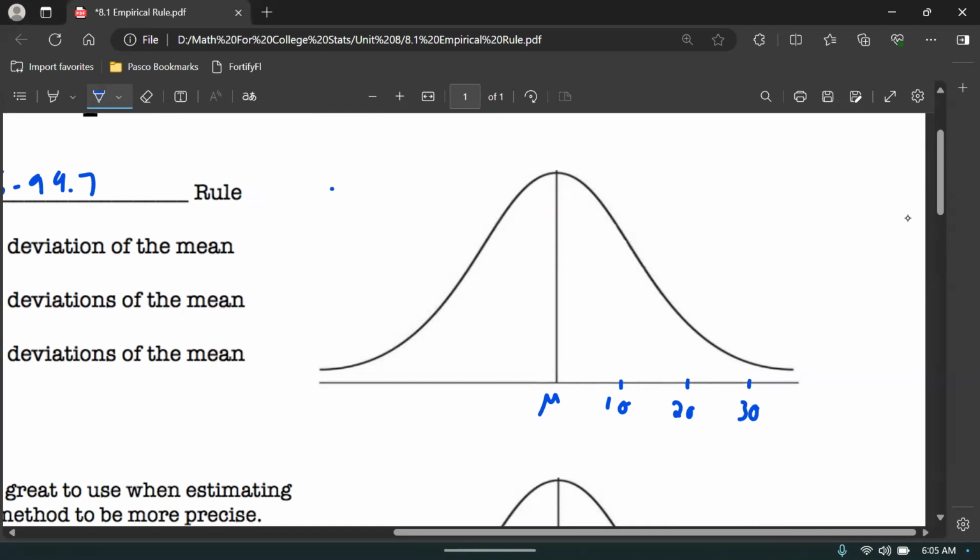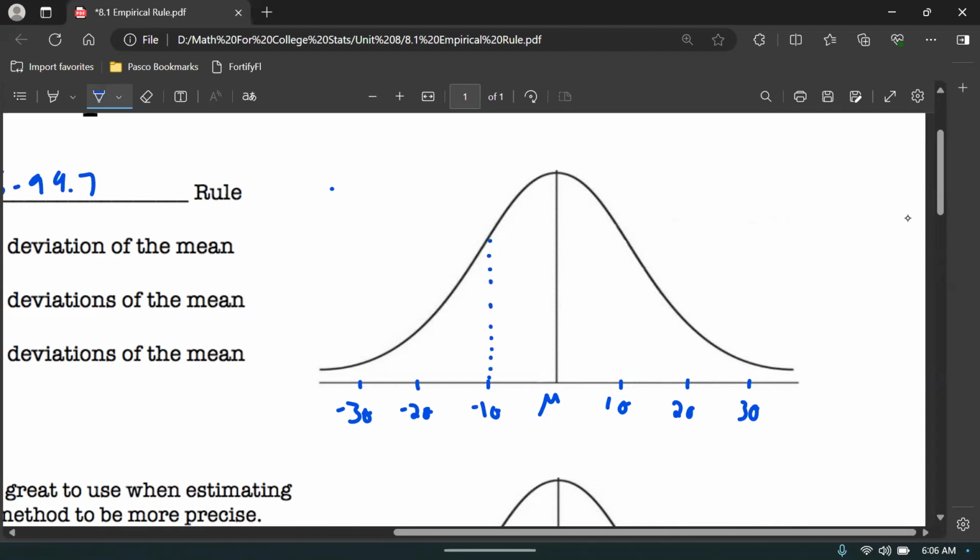Whatever the standard deviation is, it's a measure of distance from the mean, basically. Of course, on the left side you have the same distances, but negative: -1 standard deviation, -2 standard deviations, and -3 standard deviations.